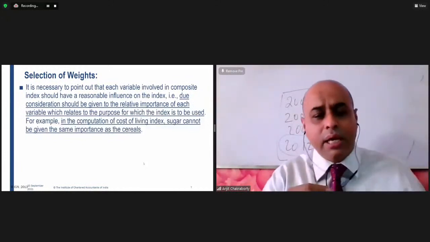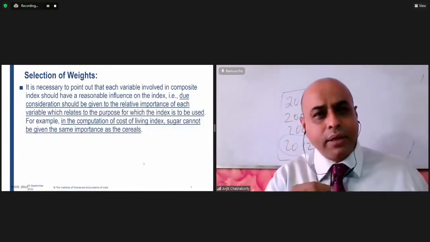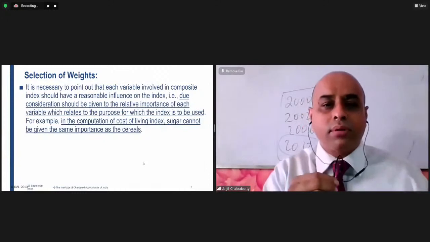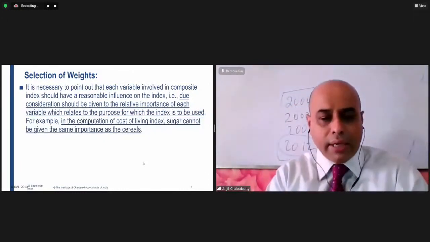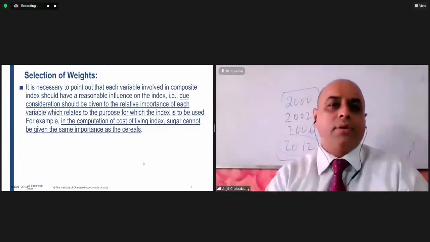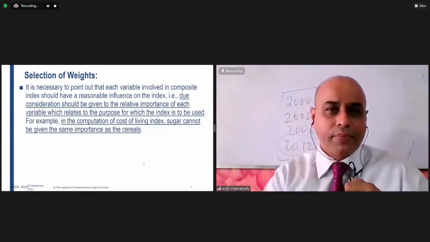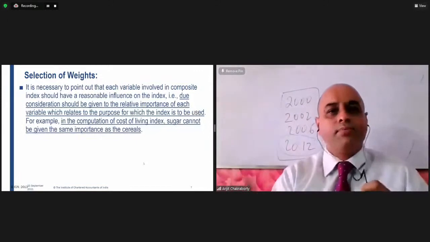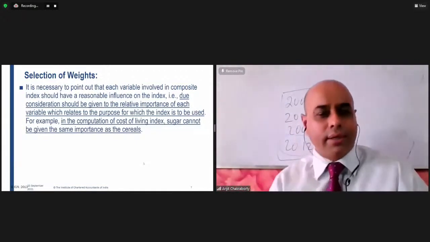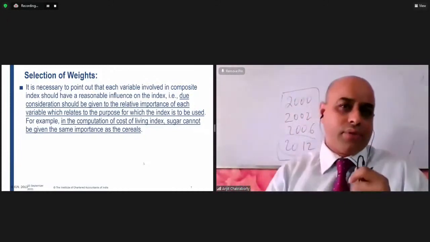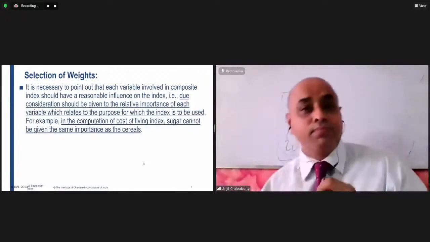Sugar cannot be given the same importance as cereals. Now, cereals definitely are more important for a cost of living purpose. When we are trying to find out the cost of living index, we consume more of cereals. When you think of cereal, say, for example, wheat, rice, dal, for example, pulses, these are cereals. We consume more of this, but sugar is not that important.